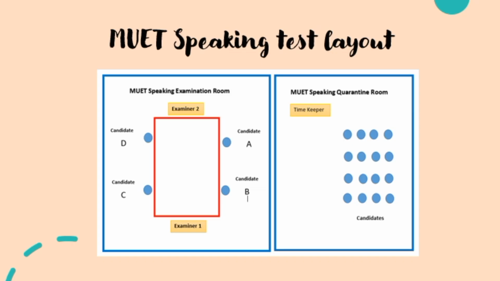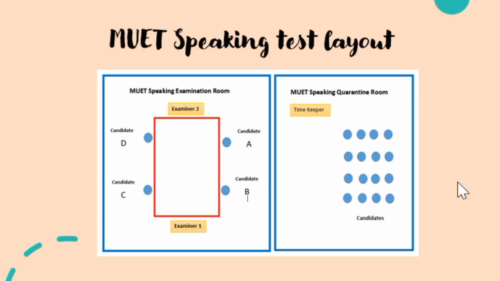These here are the two rooms that you need to know about. The one on the left is the MUET Speaking Examination Room, and the room on the right is the MUET Examination Quarantine Room. When you first arrive at your examination centers, you'll be heading straight to the MUET Quarantine Room. Here, you will meet with a teacher or an examination personnel who is going to register you for the day.